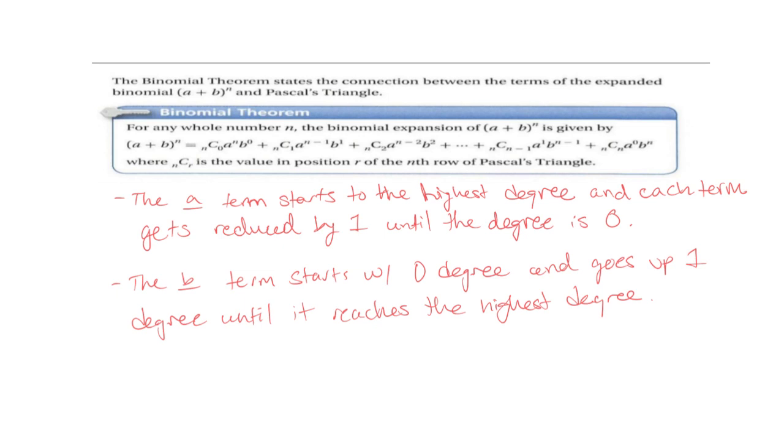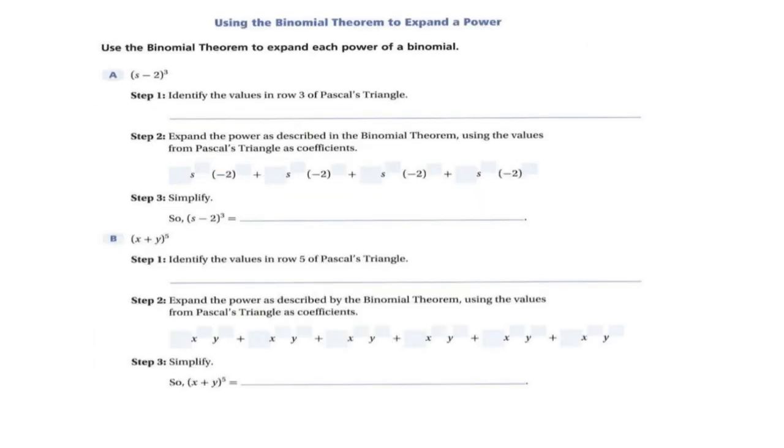So essentially the first term starts with the highest degree and goes lower, all the way down to 0, and then vice versa. The b term goes from the lowest degree, which means 0, and then goes up 1 until it reaches the highest degree. All right, so what we'll do is we'll use the binomial theorem to expand these.